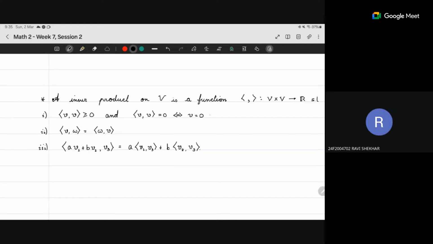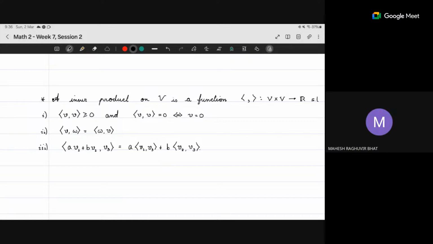So we just formulate this as a condition, that this function need not be the standard dot product, because this vector space V need not even be Rn. You have seen arbitrary vector spaces also. So whatever that vector space is, this inner product must function in such a way that the inner product of a vector with itself is always non-negative, and it is 0 only when the vector itself is 0.